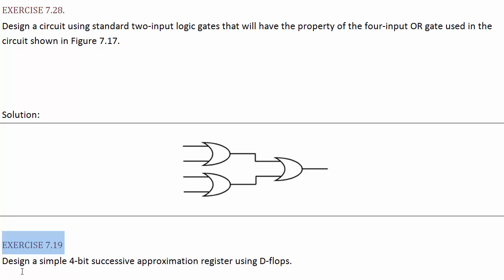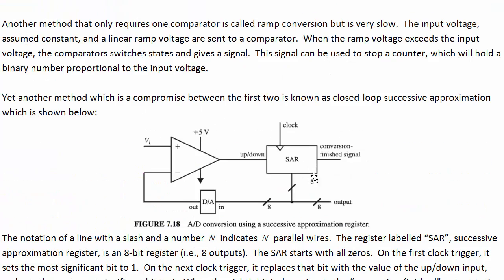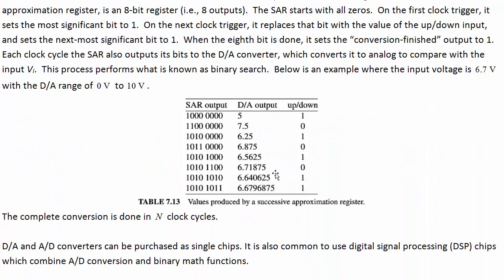Exercise 7.19: design a simple 4-bit successive approximation register using D-flops. The SAR was the critical bit of this A2D converter up here, where the goal is to start off at 1000, and for the 4-bit one anyway, we only need those numbers.